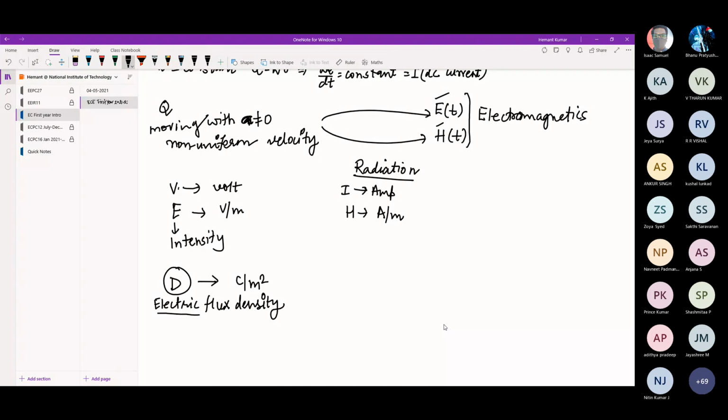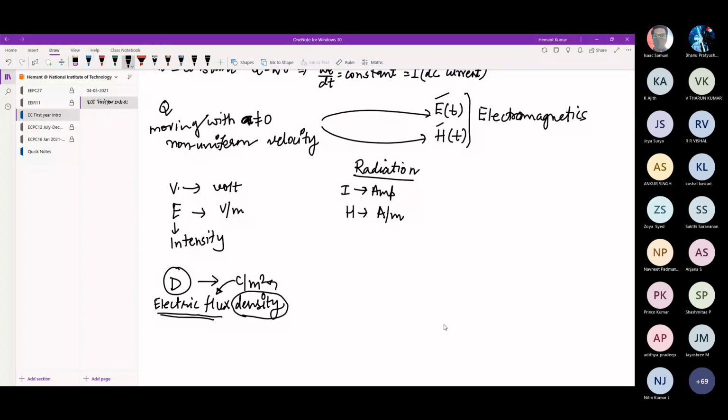Because it is density. Density always defines per unit area, or per unit volume, per unit length, like that. So this meter square is coming because of this density term, and this coulomb term is coming because of this flux, the electric flux. Electric flux is given by charge.